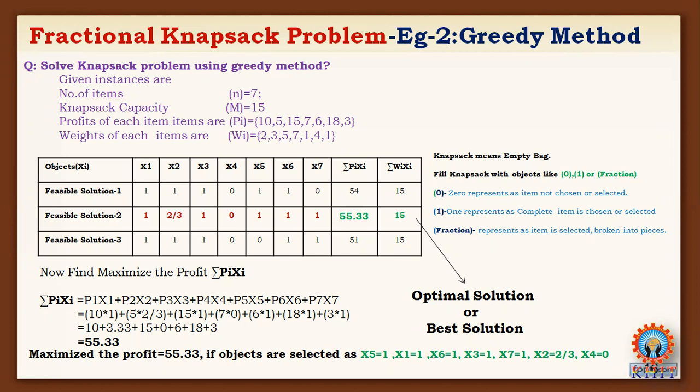Continue the process till the bag is full by satisfying the condition. Once the bag is full, compute the sum of PiXi. That means the maximum profit you need to compute. That will get you your optimal solution.